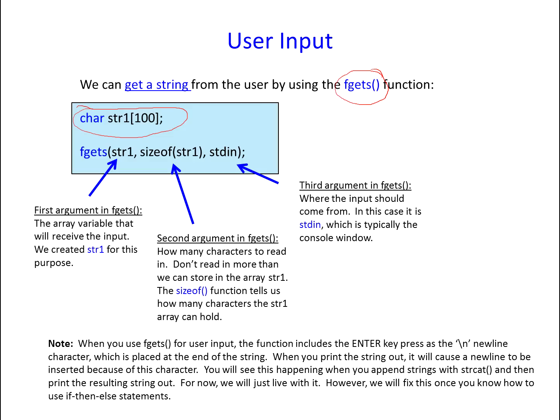This is why we use the size of function of the string. So it's going to say at most we can put in 99 letters into the string. If you type in more, it won't do it. And then the last argument is where is the data coming from? In this case, it's standard in, which is typically the console window where you would be typing your information.